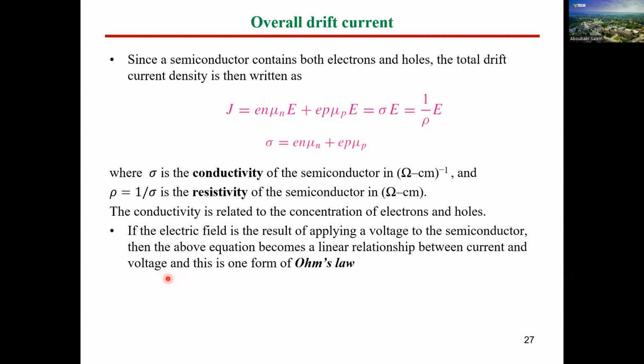You know Ohm's law for DC: V equals R times I, and this is a similar relation here for R. R is the ohmic value, so you just need to know the dimensions of the semiconductor material in centimeters in order to get the resistance value. So this is a linear relation now for our semiconductor material. Okay, so this is now the drift current. Let's solve an example together, guys, just to make an application for this part.